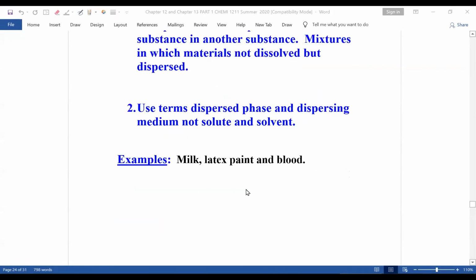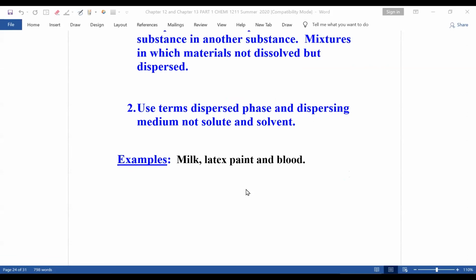Now, you should also know what the examples are. Well, milk is one. Another one, which was only developed in the late 50s, which I love, is latex paint. Latex paint allows you to wash your brushes and easy clean up with water, as opposed to the old paints where you have to use various organic solvents, and it's safer.